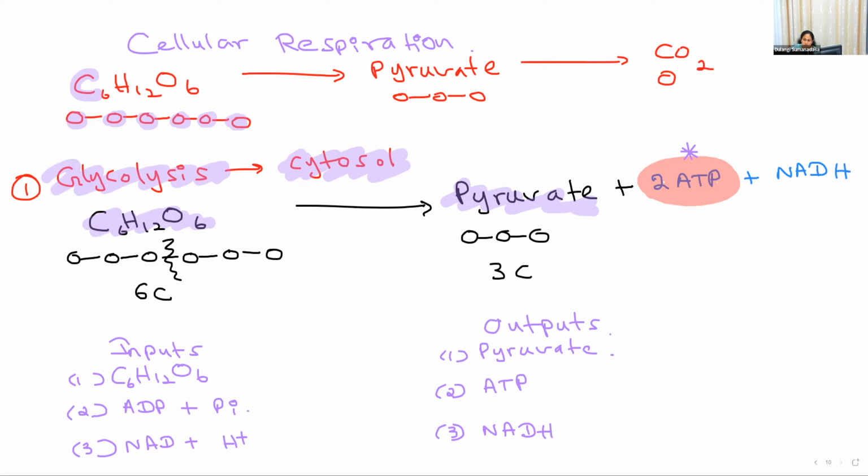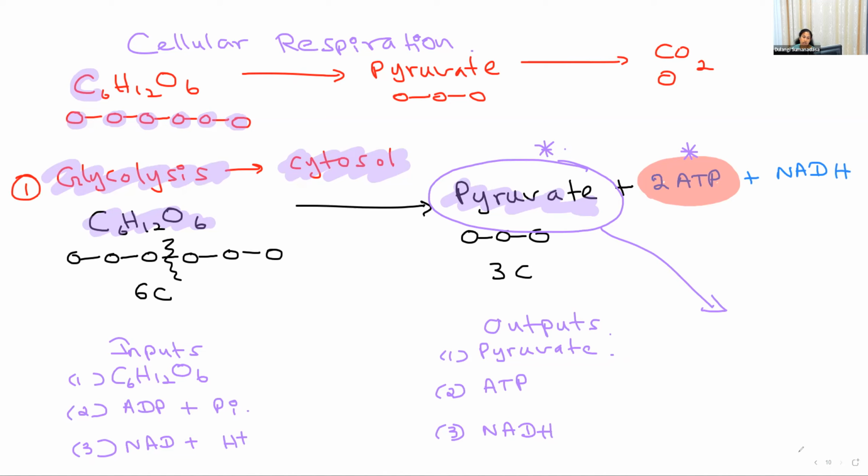Right, so I'm going to use the product here, the pyruvate, the main carbon source, and we are going to go to the Krebs cycle to further break this down until we produce carbon dioxide. Right, so at every single step we are going to collect the ATP. So let's take the pyruvate into the mitochondrion, right?